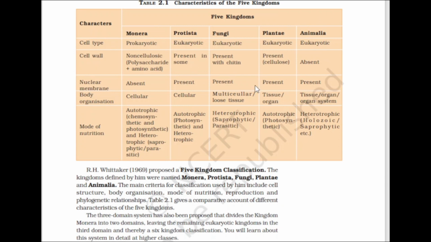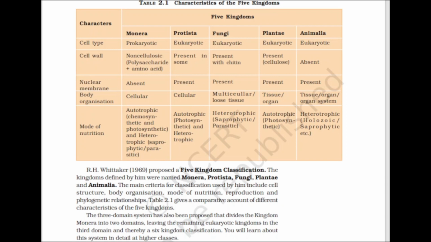In Fungi, the cell wall is made up of chitin, and in Plantae it is mainly made up of cellulose. In Animalia there is no cell wall, it is totally absent. So in cell type, Protista, Fungi, Plantae, and Animalia all come under eukaryotic cells.